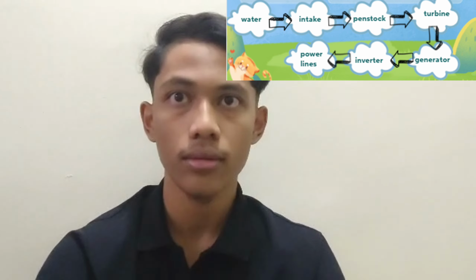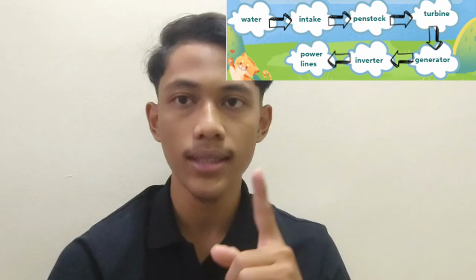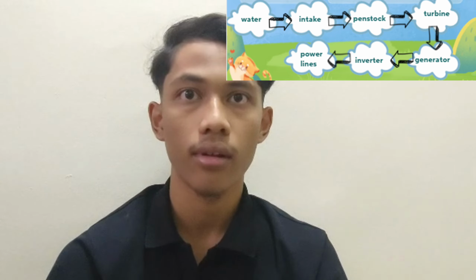So the fourth part is the block diagram. This is the block diagram that I'm talking about. Here's my system diagram. Water first enters the intake. It flows through the penstock and spins the turbine, which rotates the generator.